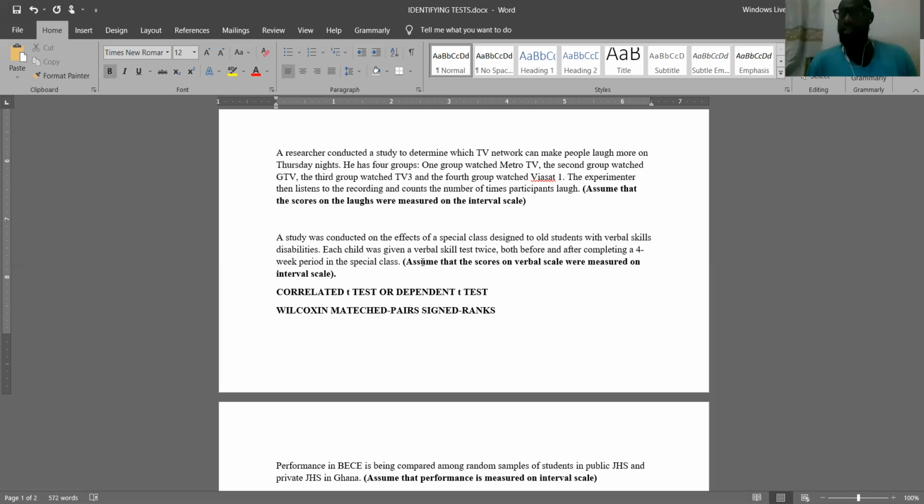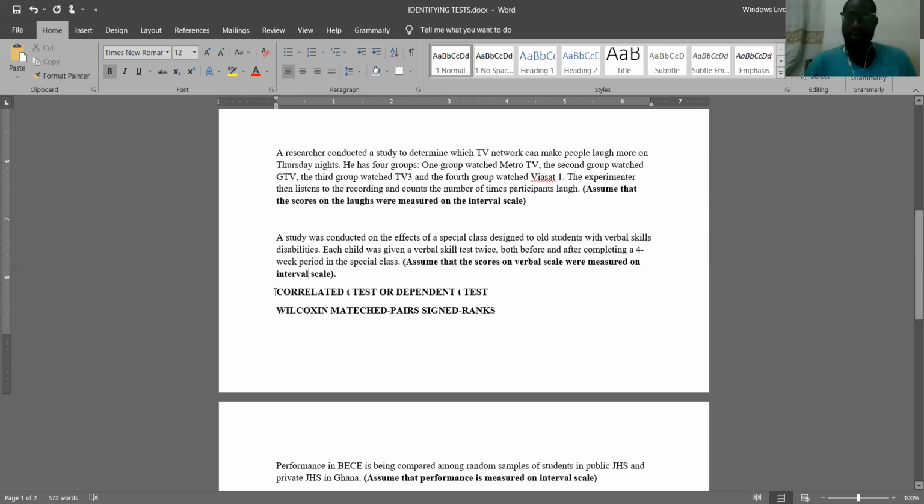You'll be given the full marks. So the same question, they could have just framed it, and the only thing they would have changed was changing the interval to ordinal. Then it means use Wilcoxon matched pairs signed ranks.